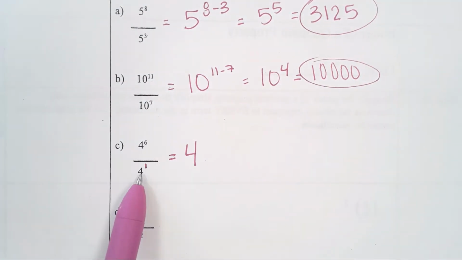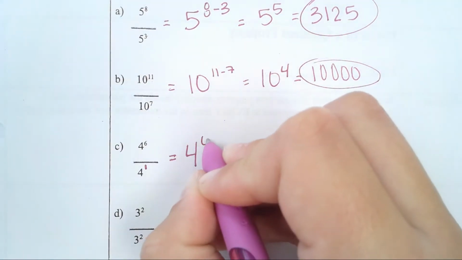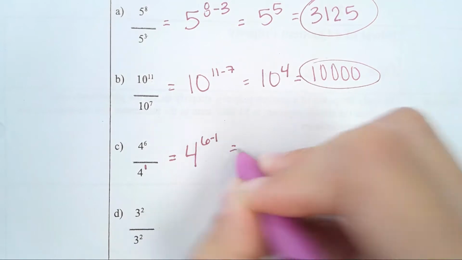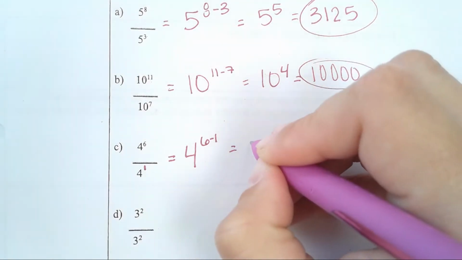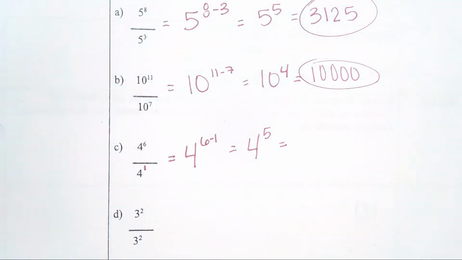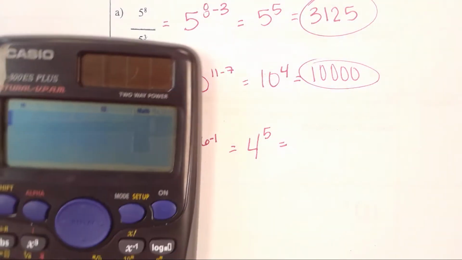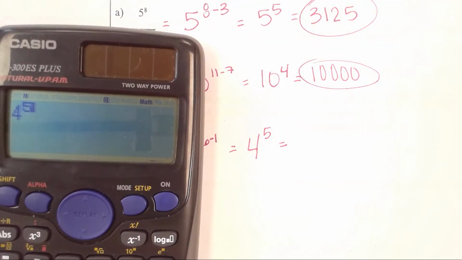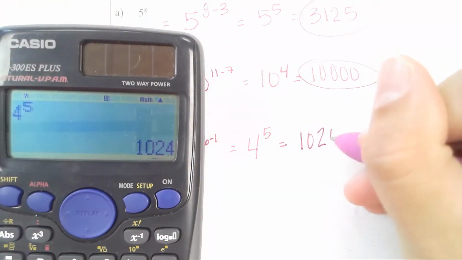We do have a 1 attached to the 4, so we need to take 6 minus 1. So 6 minus 1 gives us 5. This would be simplified to 4 to the 5th power. Okay. And again, we do need to simplify. If we take 4 to the 5th, we get 1024.